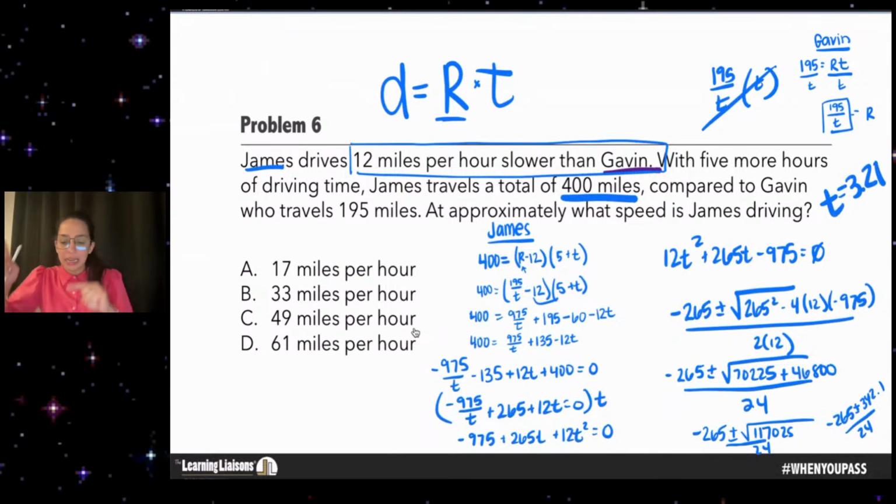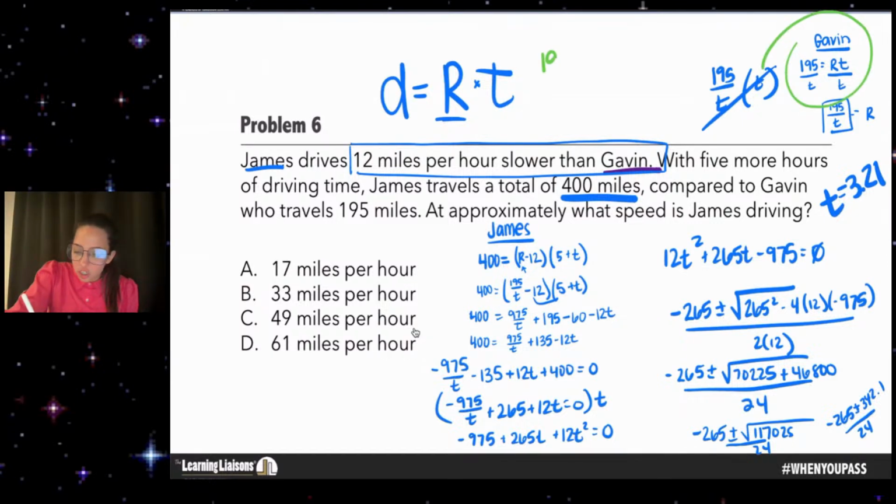And keep in mind, that is Gavin's time because Gavin was the one that we were using as the base. So Gavin's time is 3.21. James's time is going to be 3.21 plus 5. Now we have to solve for Gavin's speed by plugging 3.21 into Gavin's formula. So we're going to go back to Gavin.